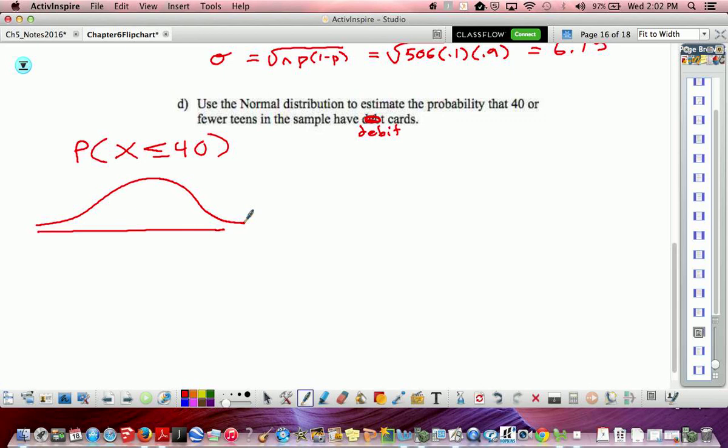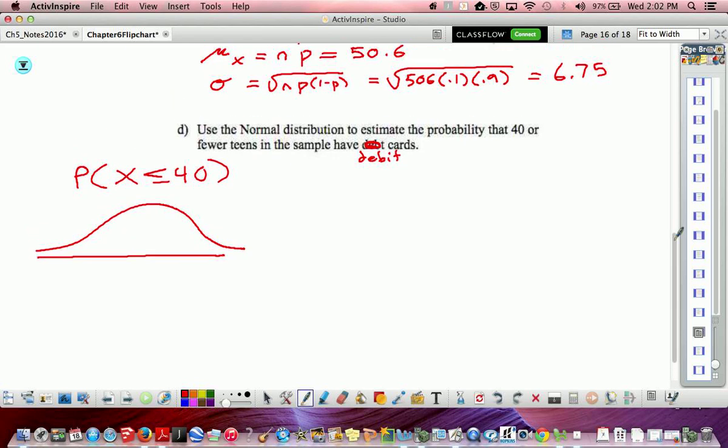So, it's normally distributed. According to up top, my mean was 50.6, with 6.75 standard deviations. Well, 40 is about 10 units away, so I know it's somewhere between 1 and 2 standard deviations.